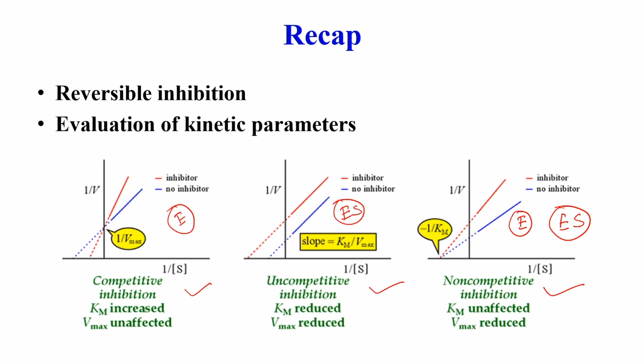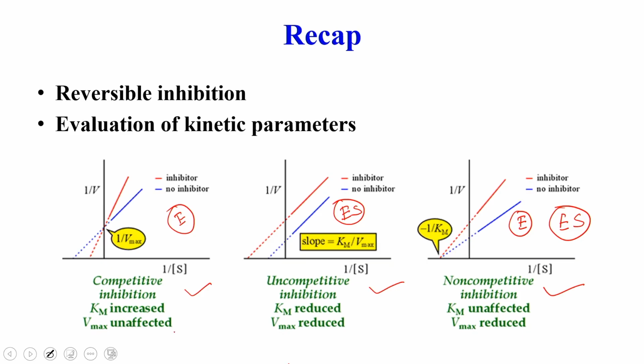So, how to identify which type of inhibition is there? We have to calculate the value of Km and Vmax, and compare these two values in the presence and absence of inhibitor. If the Km is increased and Vm is unaffected, it is competitive inhibition.